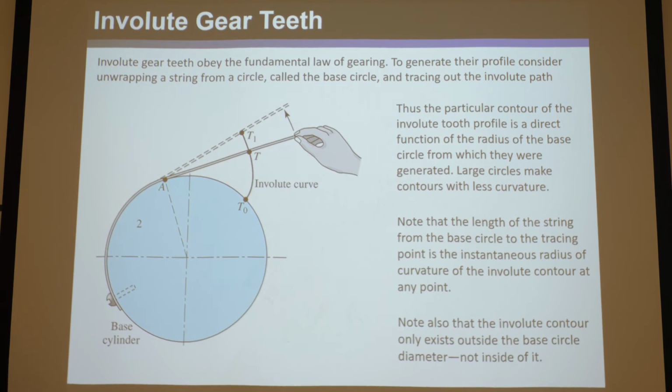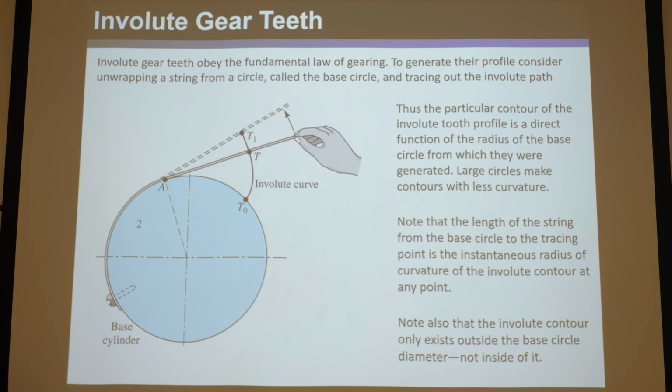You'd have to reverse engineer and measure the involute profile of all the teeth, and then deduce the radius of the base circle. No one would ever actually have to do that, but just so you know, if a gear is designed correctly, its specific involute profile is directly linked to its base circle radius.